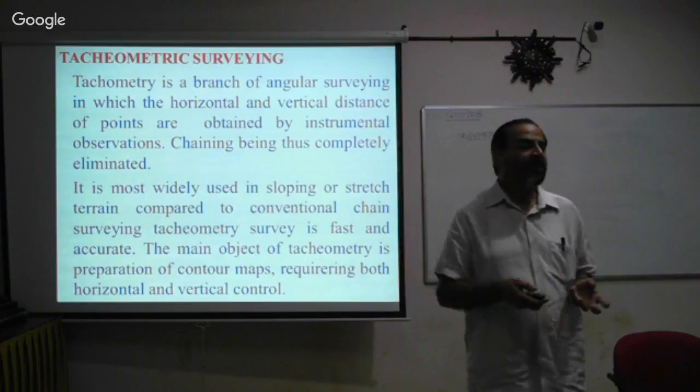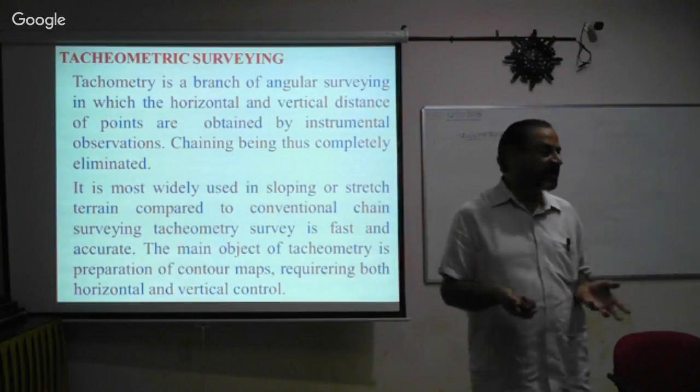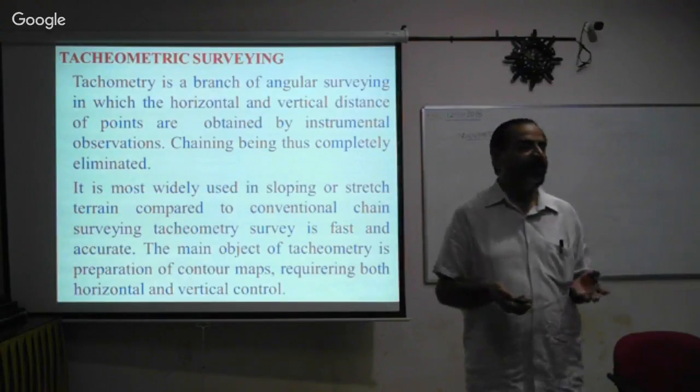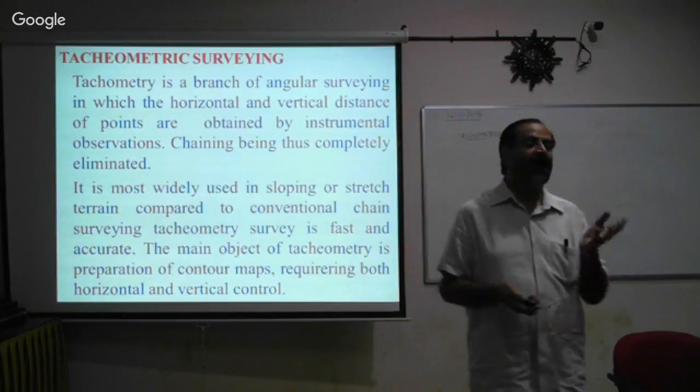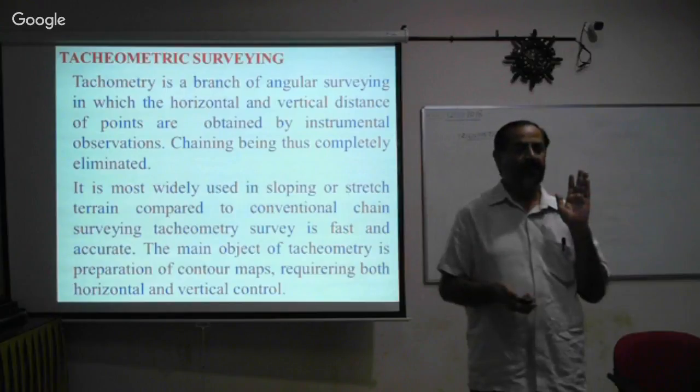Sometimes, being an engineer, a field engineer, a departmental engineer, you may need to propose a railway line. You may need to propose a road construction.